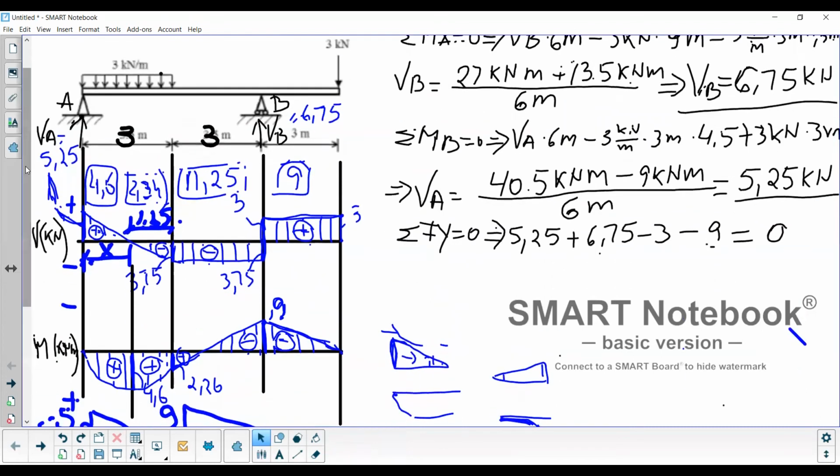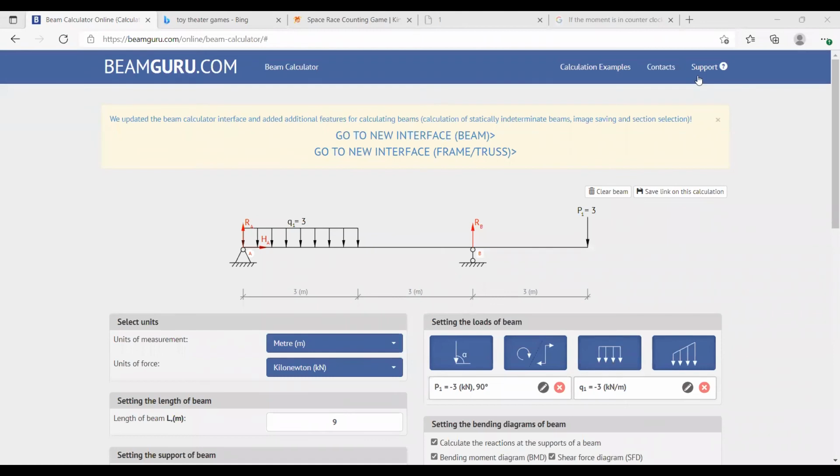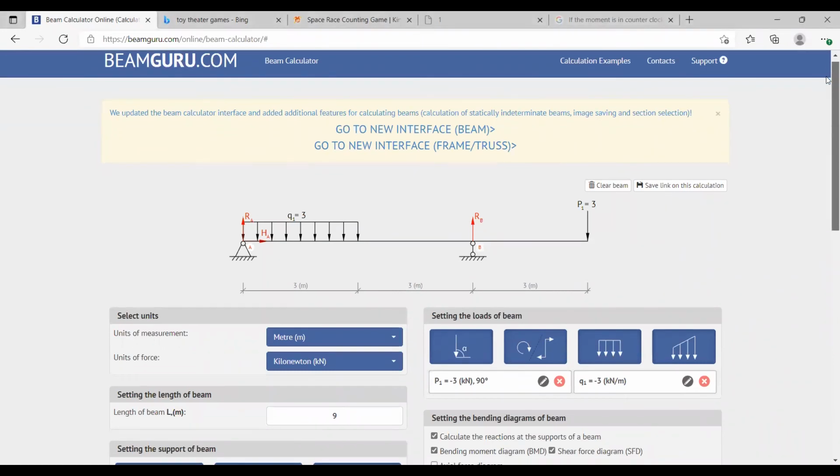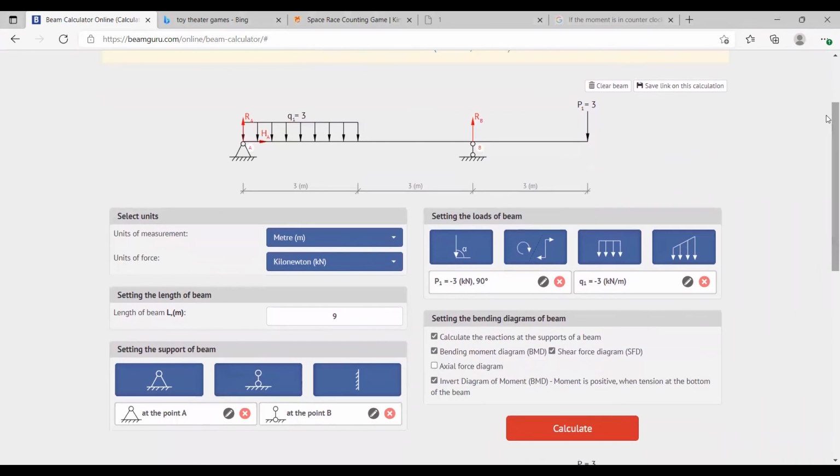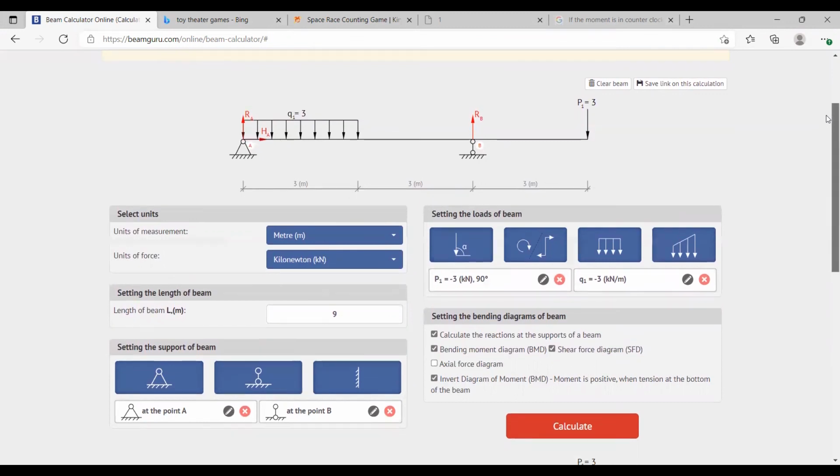Okay, so now let's verify if we drew our diagram correctly. So we go to this online beam calculator. It's beamguru.com, and in here you can just build your beam with the loads and verify if you drew your diagram correctly.